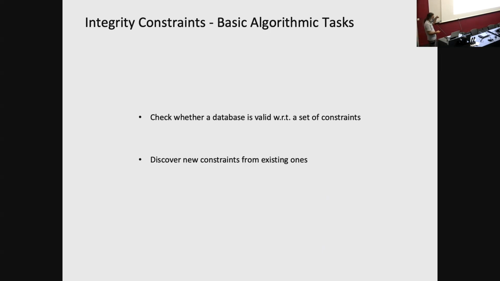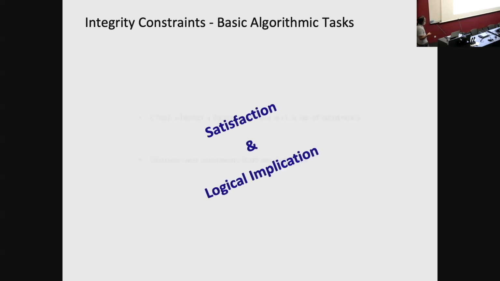Is it the case that the database satisfies a set of constraints? I would like to be able to check that. And also, a bit more interesting from a technical point of view at least, is whether we can discover new constraints from existing ones. If I give you a set of constraints, is it possible from this set to discover new constraints that will always be satisfied? We will make this precise in a while.